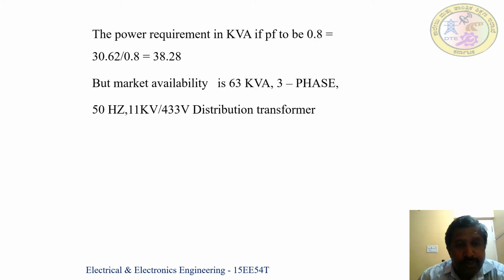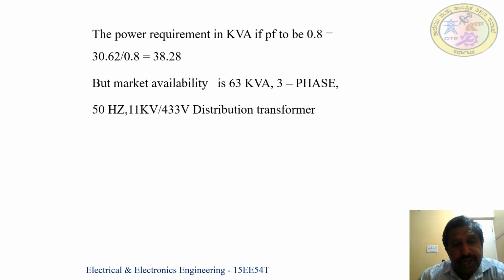We have to consider the power requirement in KVA. So for that, we have to assume the power factor. The power factor normal assumption is 0.8. So then the power requirement in KVA equals the power input divided by the power factor. So that is 30.62 divided by 0.8.